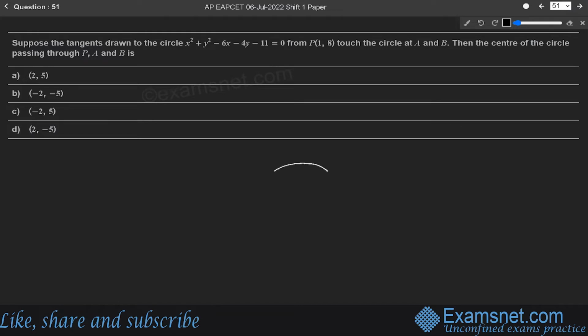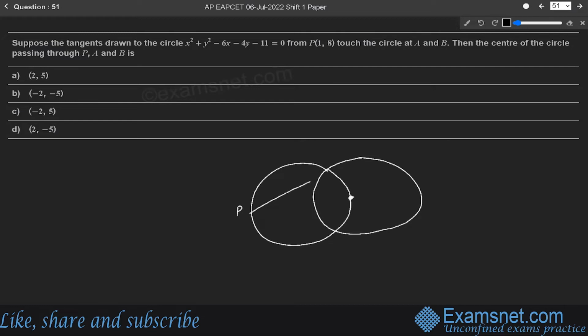So let this be a circle and again let this be another circle. Let this be the center of the circle and let this be a point P. So considering two tangents for this circle, PA and PB.